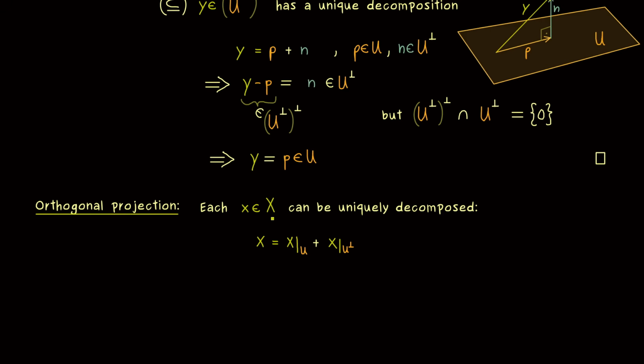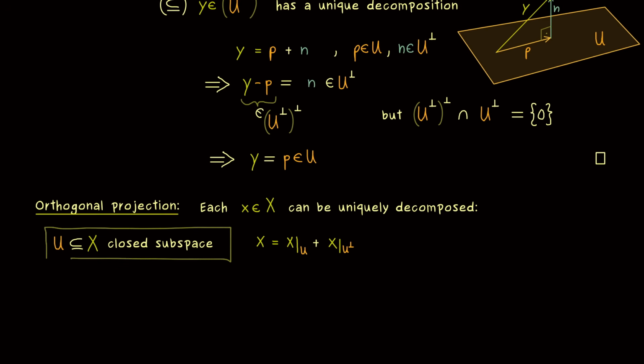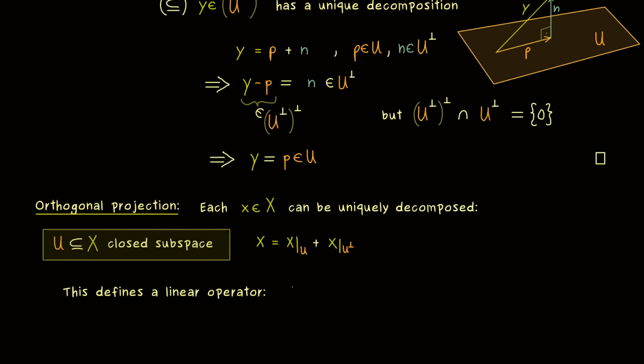The first one is the one onto our closed subspace U, and the second one the one onto our closed subspace given by the orthogonal complement. Therefore, this notation here with the vertical line makes sense, but please keep in mind this only holds for a closed subspace U. And under this assumption, we immediately get a well-defined linear operator we can call P with index U.